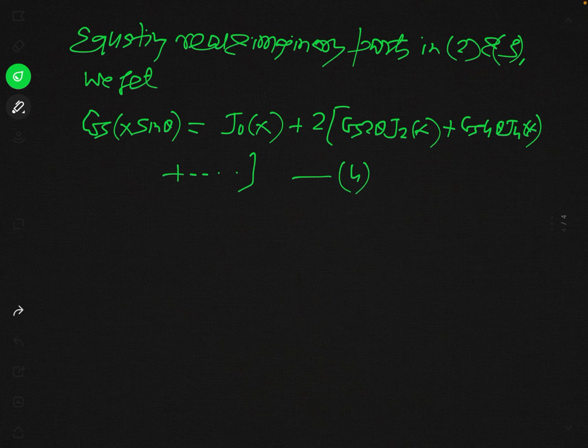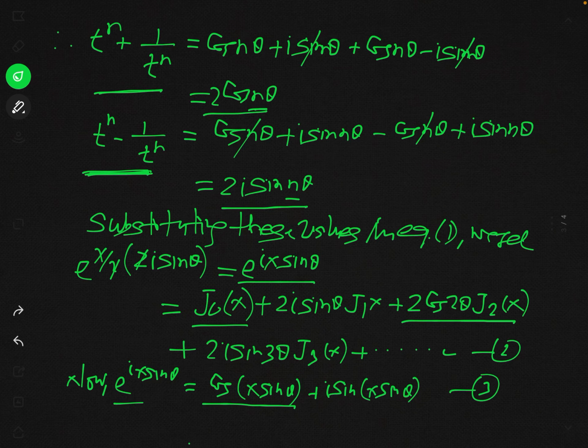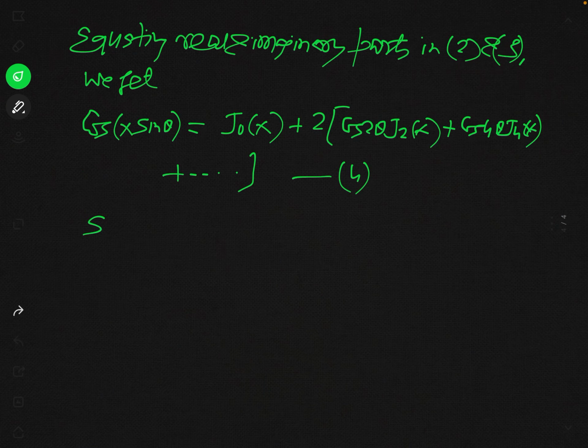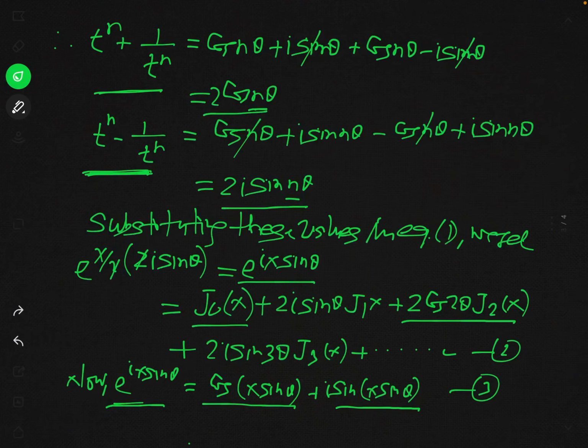Now again we will equate the imaginary parts of the two sides. You can see the imaginary part of e raised to the power ix sine theta is simply sine of x sine theta. So we will write here sine of x sine theta, and that will be equal to, now see the RHS. Here is a term 2i sine theta J1 of x. Another term is 2i sine 3 theta J3 of x. So these are the imaginary terms in the RHS.